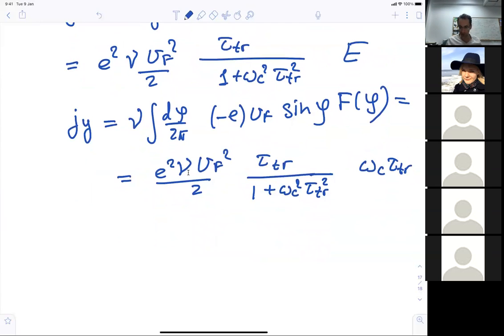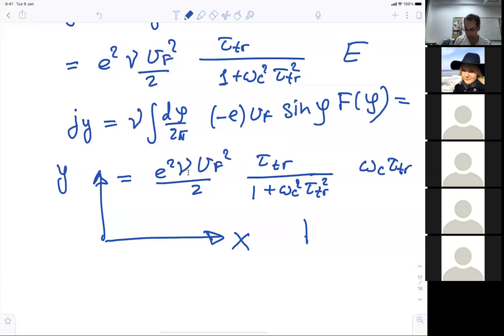So this is something which is proportional to the magnetic field. So we see that the electric field is in the x direction, and I'm getting current which flows in the x direction, but I also get the current that flows in the y direction.